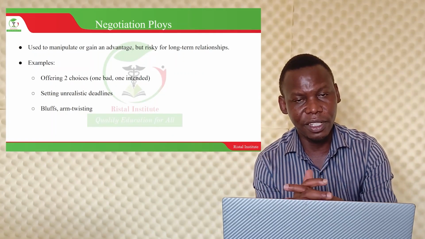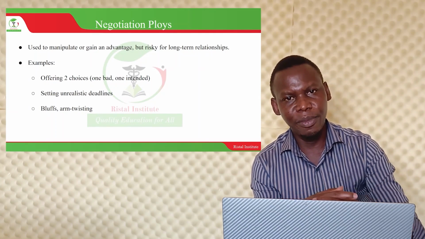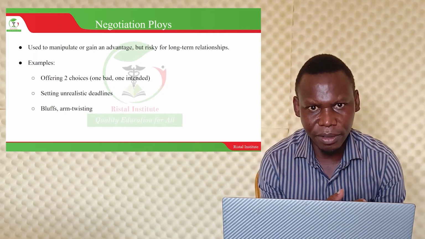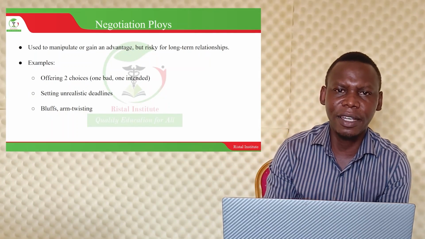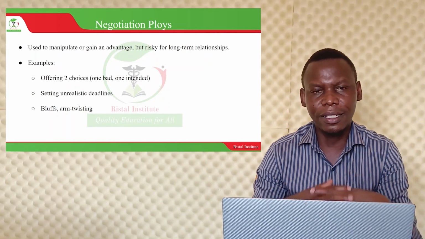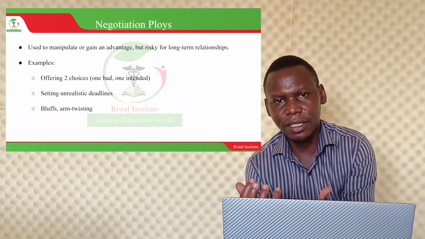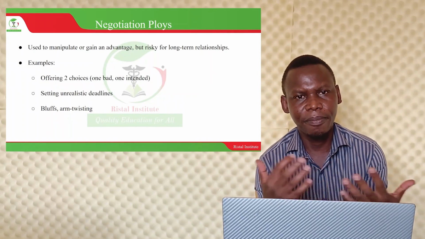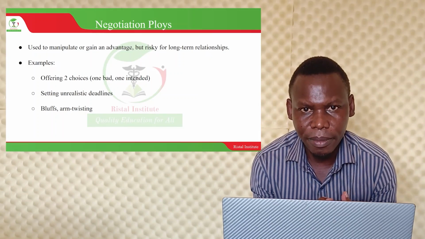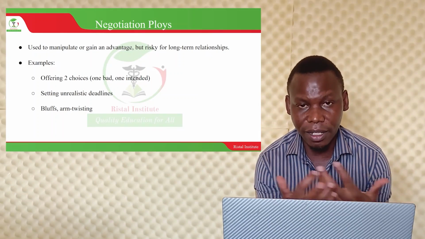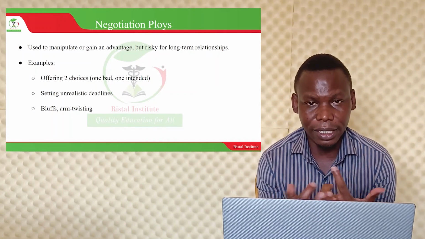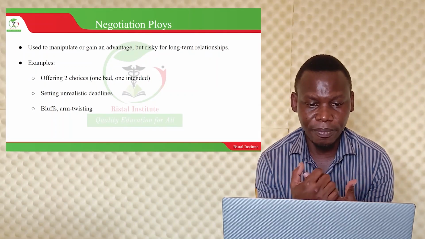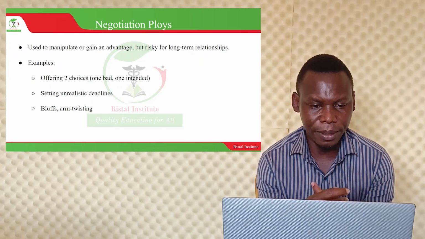He's saying, I'm giving you this at 10,000. Then, before you know it, another person will come closer to that person and say, I'm giving you at 9,500. It's just a manipulative tactic. In most cases, you find these people are selling the same product, they're dealing together, but it's a ploy they're using.